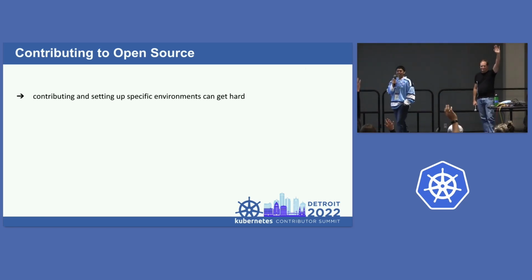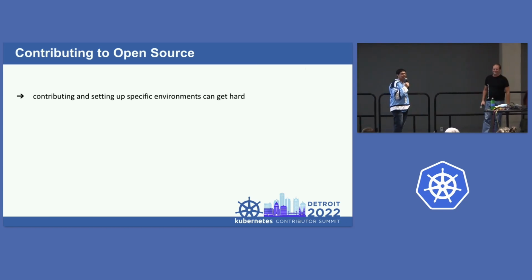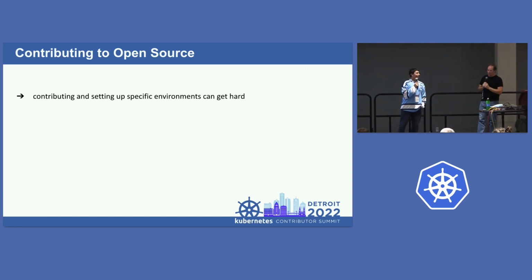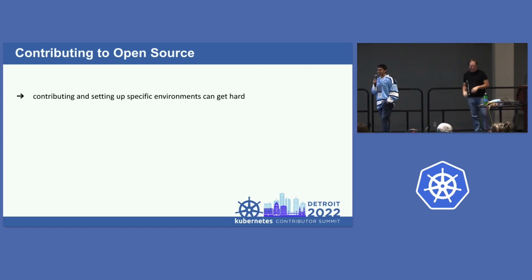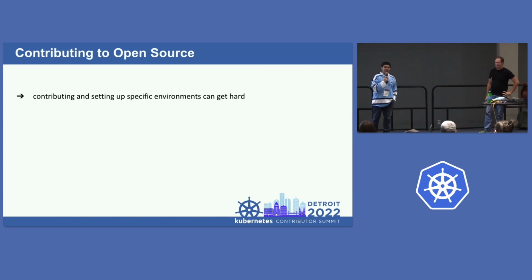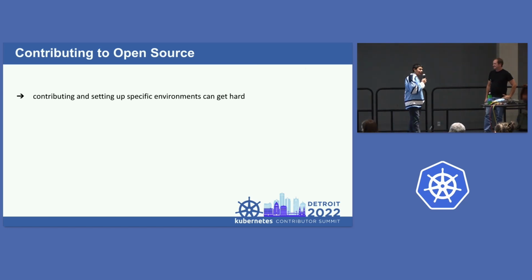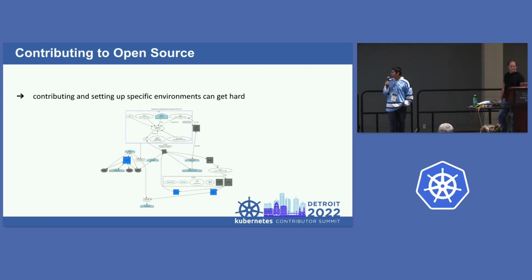And have you always done it flawlessly? No. We have not. We have spent countless hours debugging, making tests work, or finding that one of the libraries for the test has a wrong version. So that happens. Contributing and setting up specific environments can get hard.